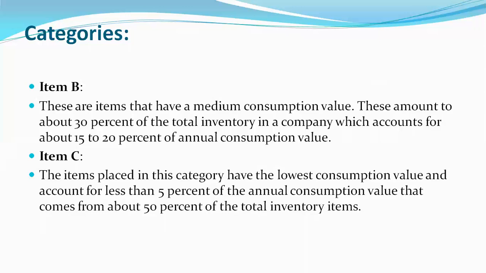So we have classified the whole inventory into three parts, A, B, and C. This way we can order frequently the parts that fall in category A, and fix a recurring period for reordering the B items, and C items we order least since they are the least consumed products. So this was A, B, C items.